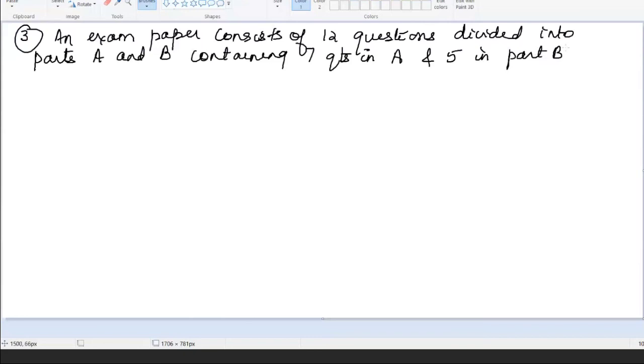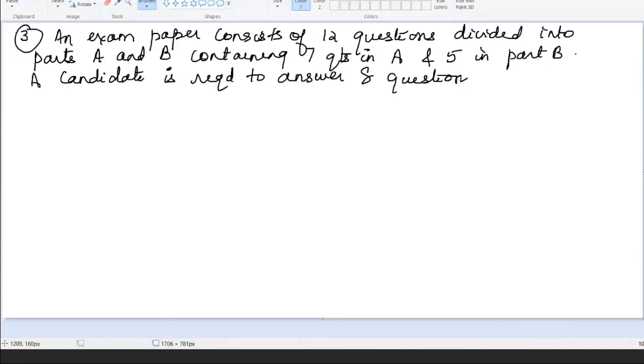A candidate is required to answer 8 questions, selecting at least 3 from each part.